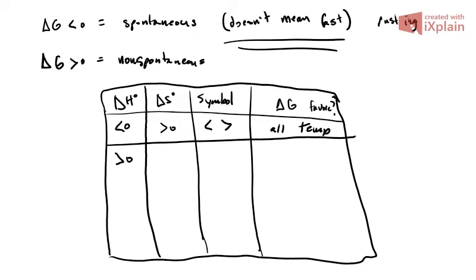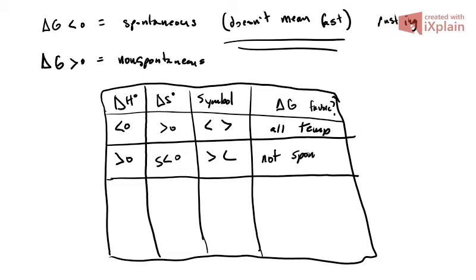Now, if the delta H is greater than 0 and delta S is less than 0, that means it is not spontaneous ever.